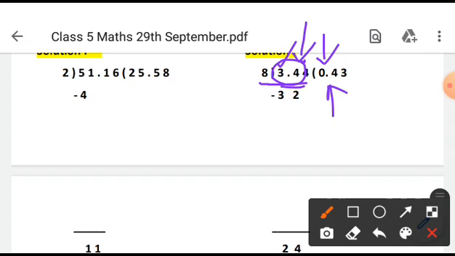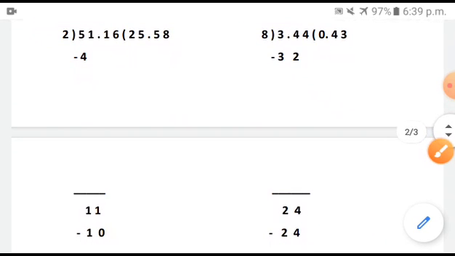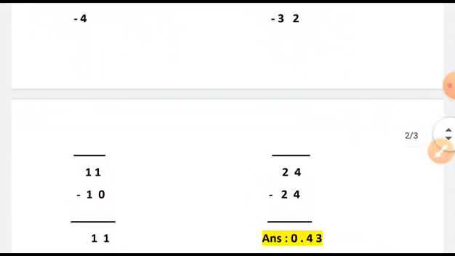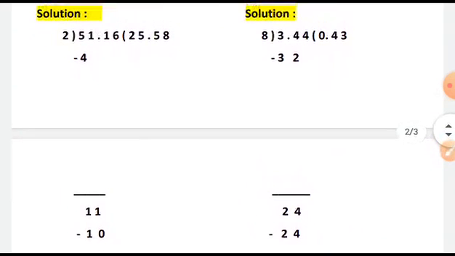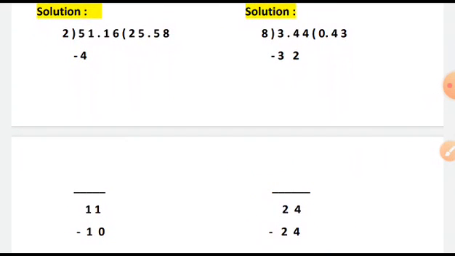After putting the 0, then you put the point, then you write 8 4s are 32. Then 34 minus 32, that is 2 remainder. Now you bring down this 4 over here and you have 24, and you know 8 3s are 24. So after that no remainder, and finally you are getting the answer as 0.43.